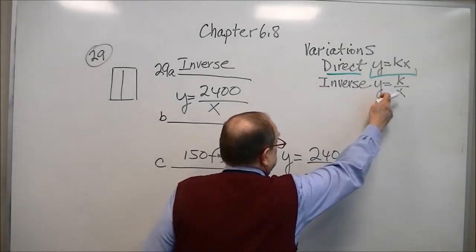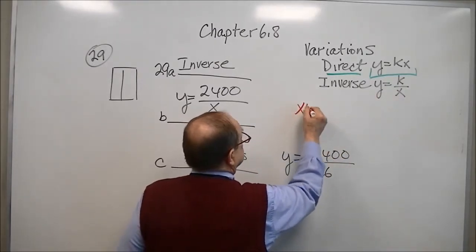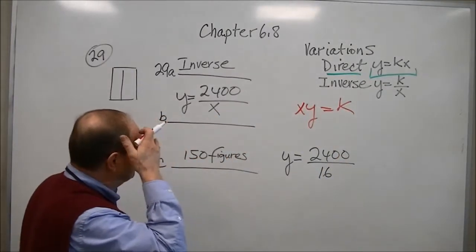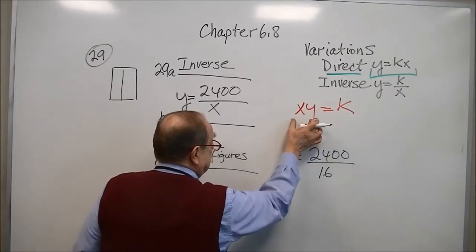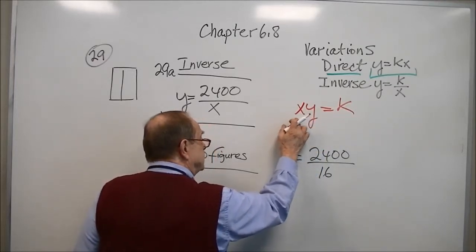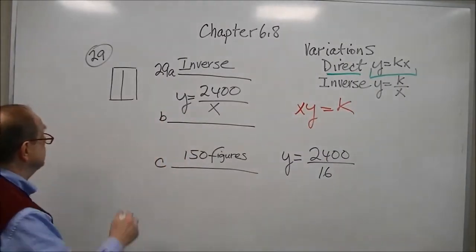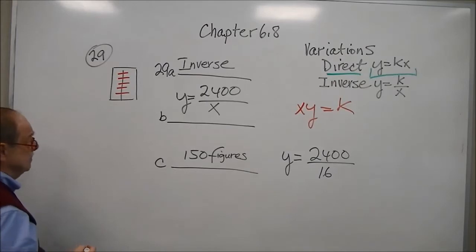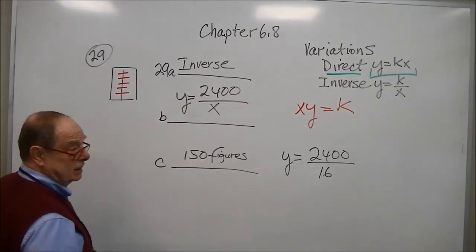If you multiply both sides by x, you get xy equals k. So the product of every multiplication of x and y values is k. And you notice in the chart, as you multiply each one of these sets of data, it ends up being 2400.